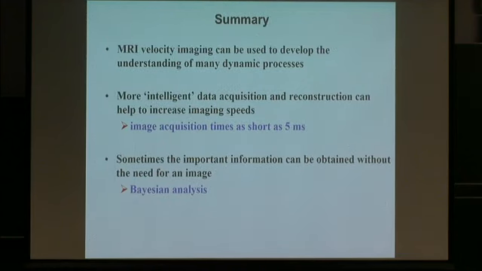So I think I should finish there. Hopefully I've shown that velocimetry, MRI velocimetry, can be used for a wide range of dynamic processes with the kind of speeds that we're getting up to.